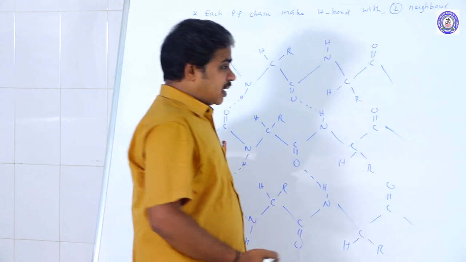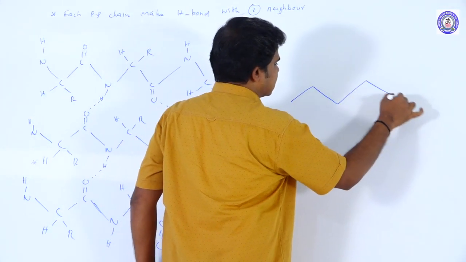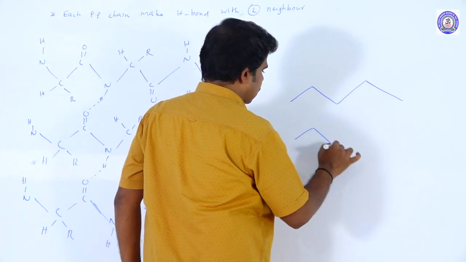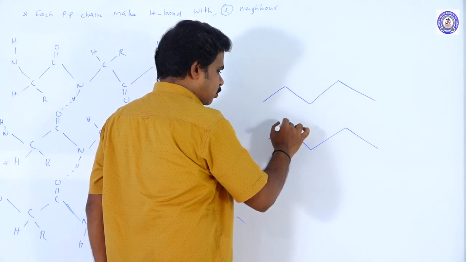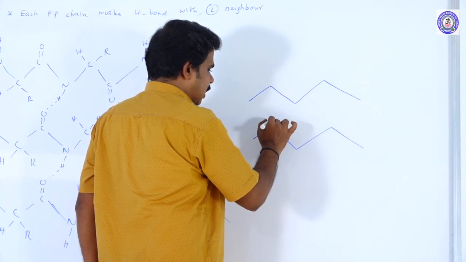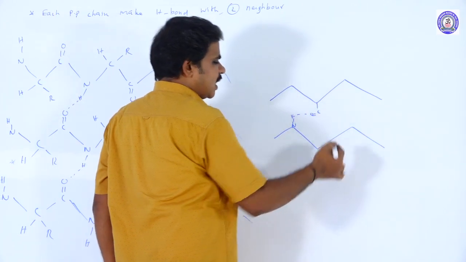And this may be parallel. What is parallel? We may take it like this. Here it is a parallel one, making a hydrogen bond. Suppose here NH and here C double bond O, that is making a hydrogen bond.